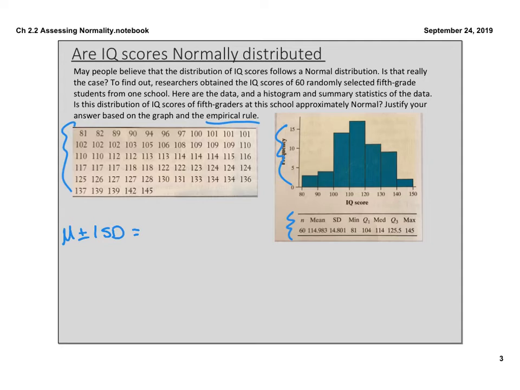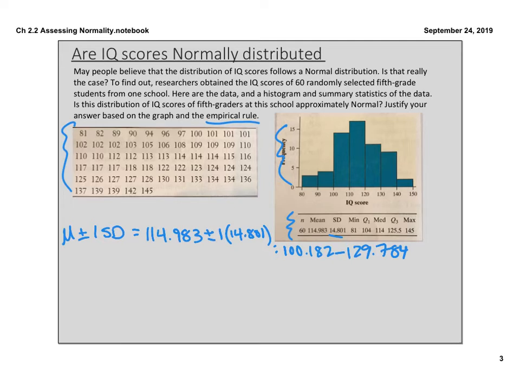So that means I have 114.983, and that's plus or minus 1 times the standard deviation of 14.801. Okay, this is going to give me a range, and I should have moved that a little bit down. Sorry, I'm going to come down here a little bit. That's going to give me a range of 100.182 to 129.784.